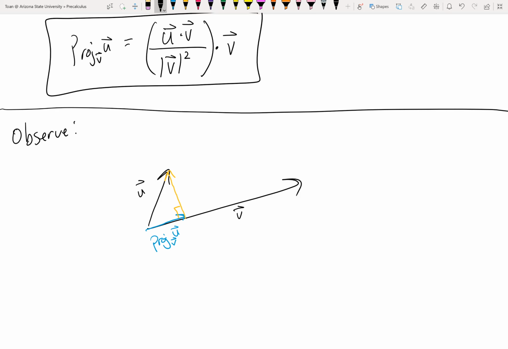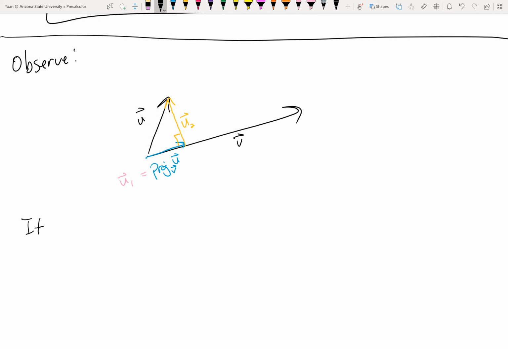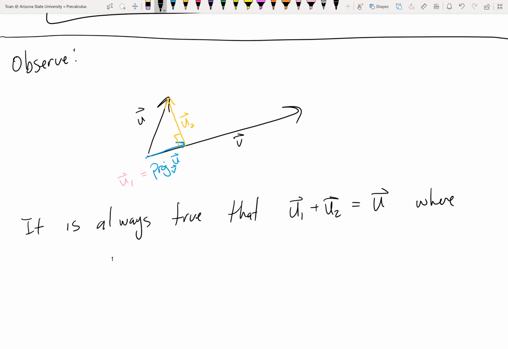Just for notation purposes, let's call the projection vector u sub 1 and the vertical component vector u sub 2. It is always true that u sub 1 plus u sub 2 will always equal the original vector u, where u sub 1 and u sub 2 are orthogonal. Always true.